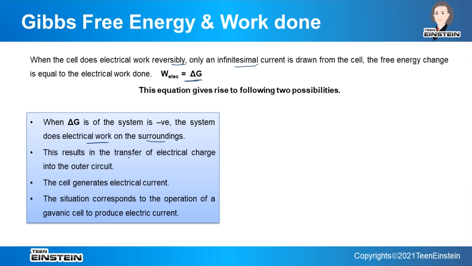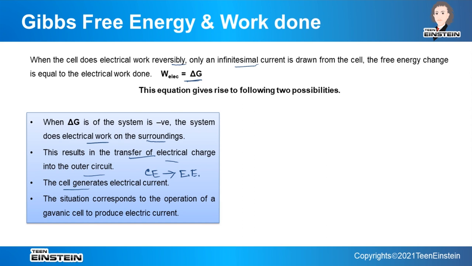This results in transfer of electrical charge in the outer circuit. That means the cell is now generating electric current by some chemical reaction, so chemical energy is converted to electrical energy. And this is possible, as you have already seen in the galvanic type of cell, where we use some spontaneous reaction by which we can generate electrical current.